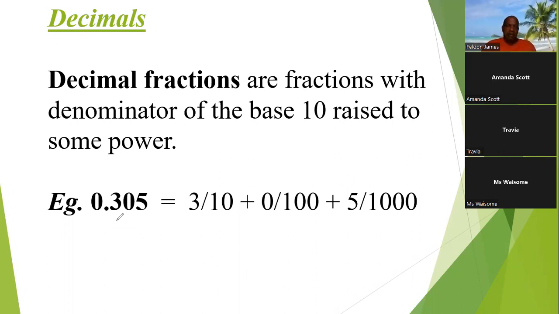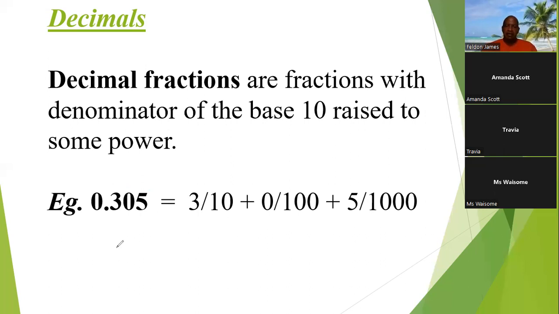Now, for decimals, we take the point to separate the whole number part from the fractional part. So whatever number comes before the point, in this case 0, will tell you what whole number you have. Any number that comes after the point will give you an idea of the fraction of the decimal that you have.